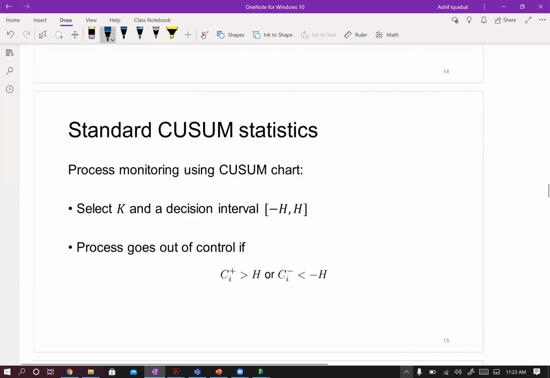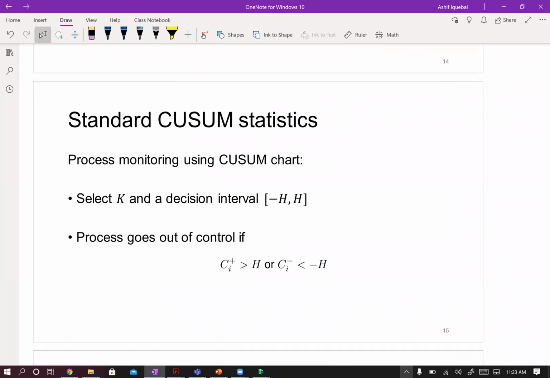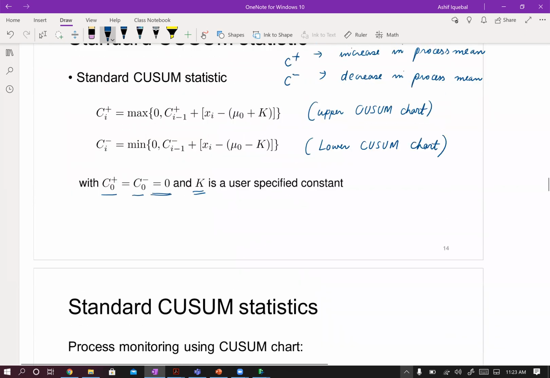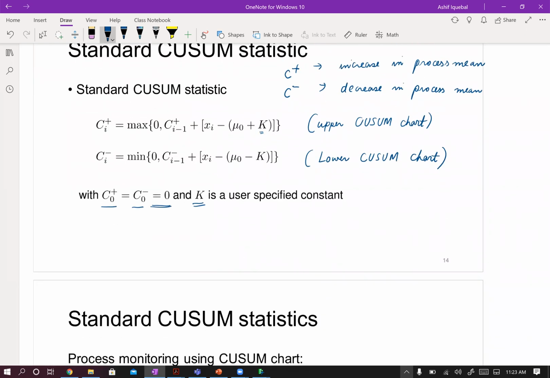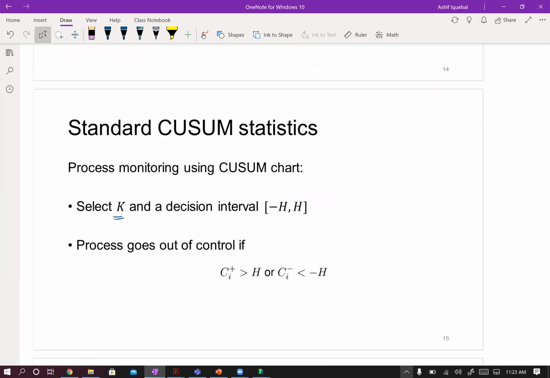In order to construct a CUSUM chart, we first have to select the value of K, which is the parameter here, and we have to select a decision interval, which is minus H to H. This is our control limit.